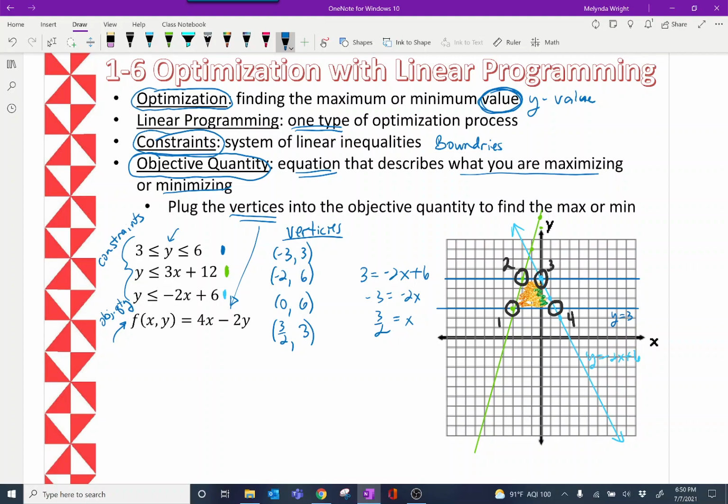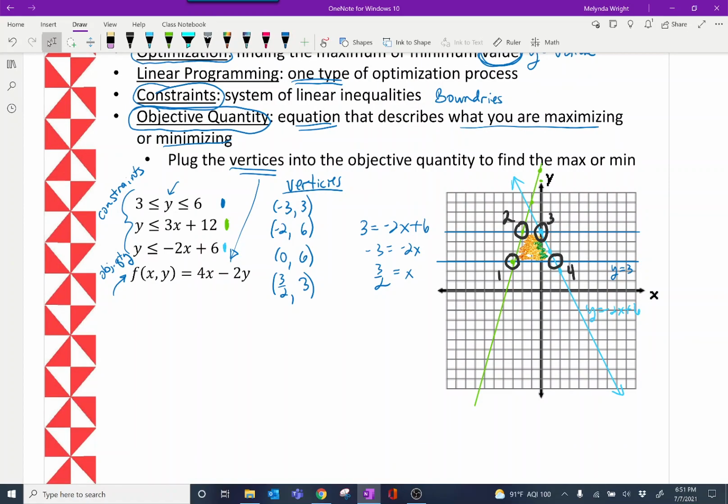Yay! So let's go over the process again. We graph the constraints. We determine where the solution is, where it's bound in, this colored part right here. We label the vertices, write them down. Now our last step to optimize is we're going to plug the vertices into the objective quantity and find the max or min.